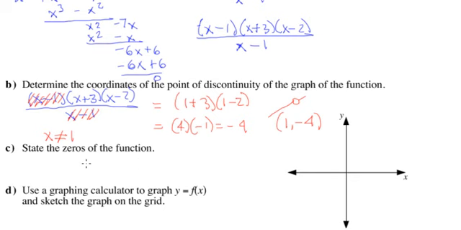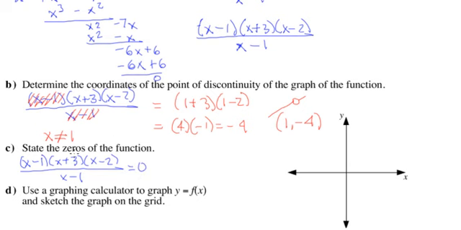State the zeros of the function. Those are the places where it equals 0. So if we have x minus 1, x plus 3, you might be way ahead of me on this one, but bear with me. I'm supposed to show all the work. We say that equals 0.